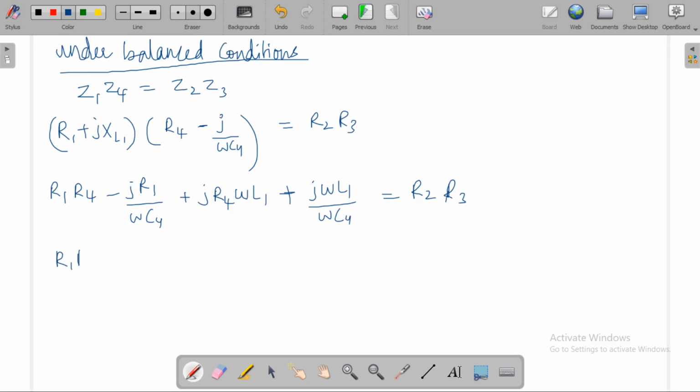So R1 R4 plus L1 by C4 is equal to R2 R3.